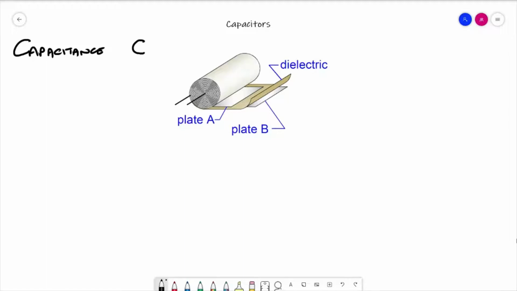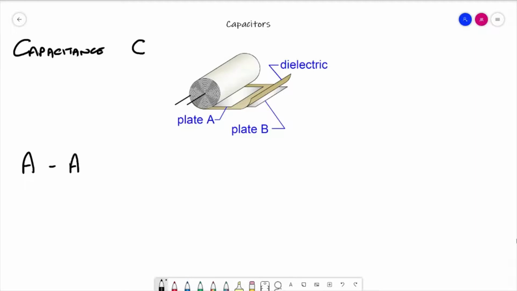Let's have a think about what different factors can affect capacitance then. Well, firstly, we need to have a look at the dimensions of the two conductors, the dimensions of the two plates. Hopefully, going back to the previous diagram, we can imagine that the larger those two conductors are, the more charge we're going to be able to store on them. Now, the best way to measure that is to consider the surface area of the plates.